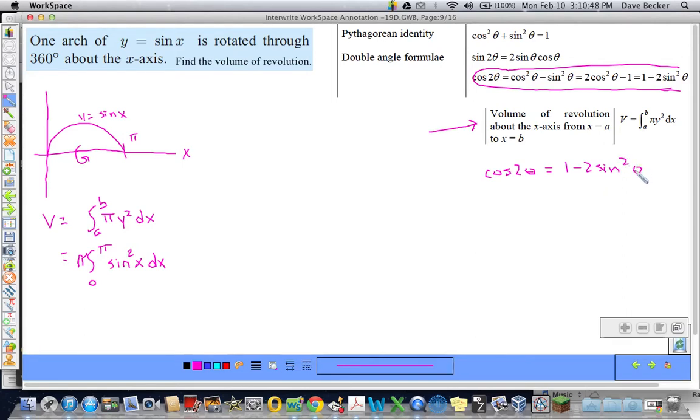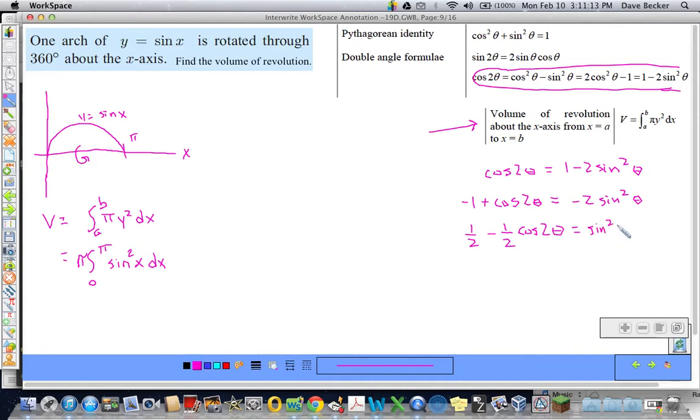If I subtract 1, I get negative 1 plus cosine 2 theta is equal to negative 2 sine squared theta. Divide by negative 2 and I get 1/2 minus 1/2 cosine 2 theta is equal to sine squared theta.